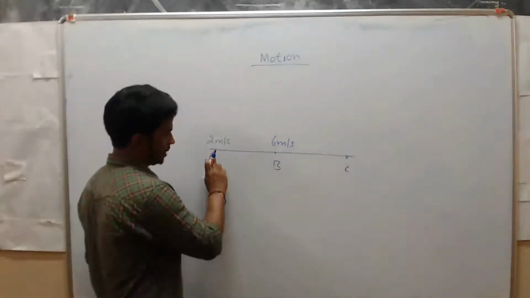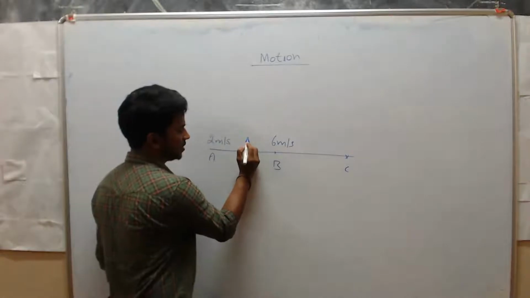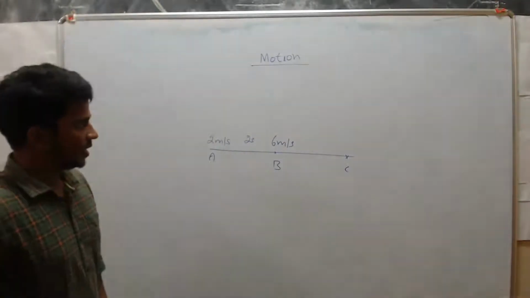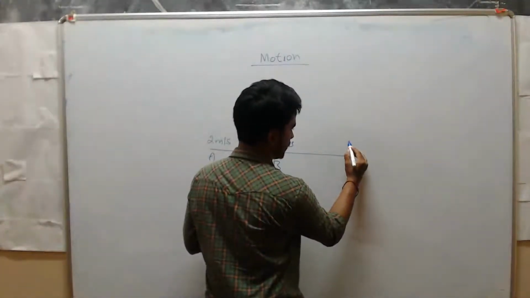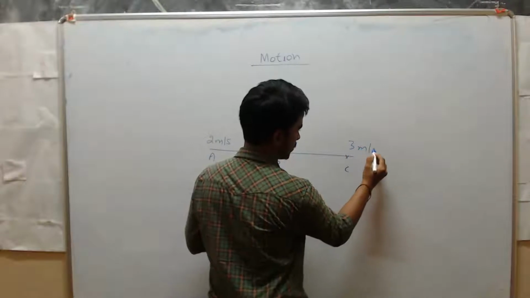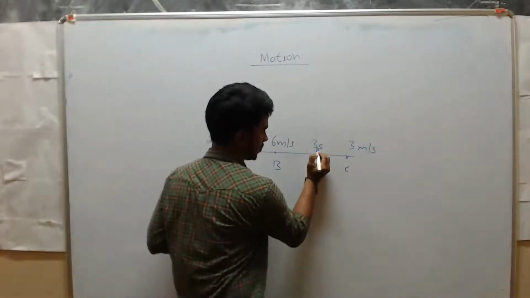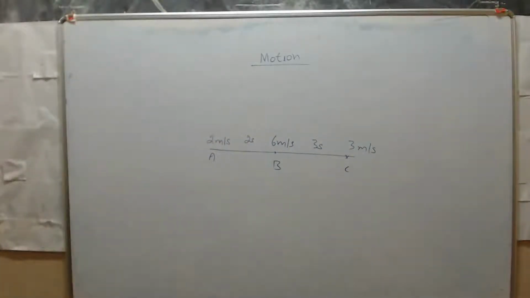Traveling from A to B, its velocity changes from 2 to 6 in 2 seconds. Then its velocity changes from 6 to 3 meter per second in 3 seconds.